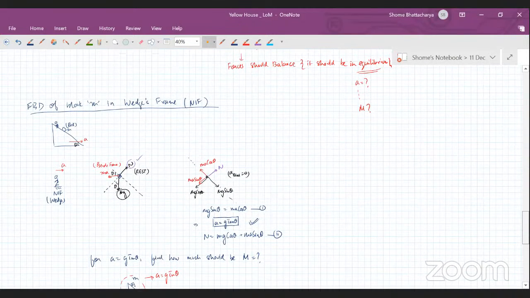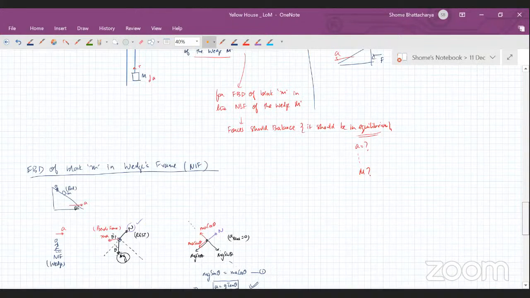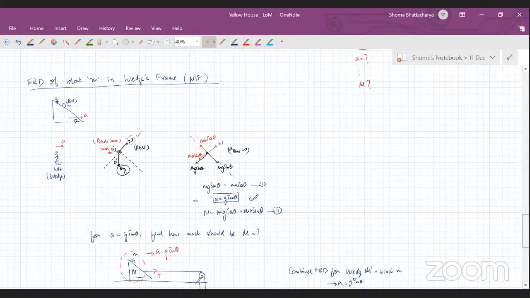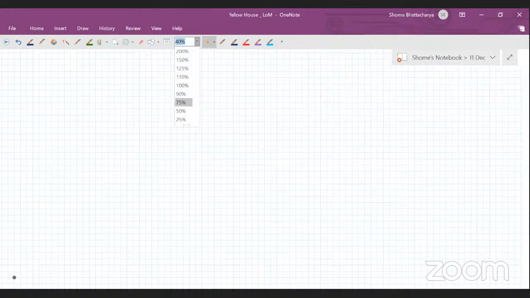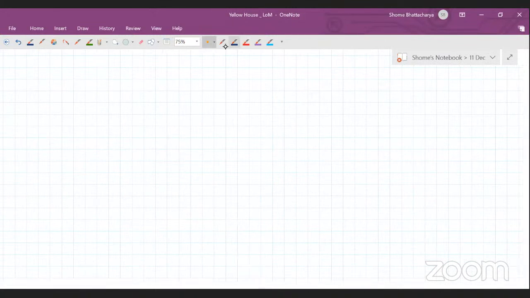Oh, sorry, 37th. Okay, so let's first go through 37th question. So 37th question is the one where you have that monkey climbing the rope that goes over a smooth light pulley, and on the other side there's a block of the same mass as the monkey.